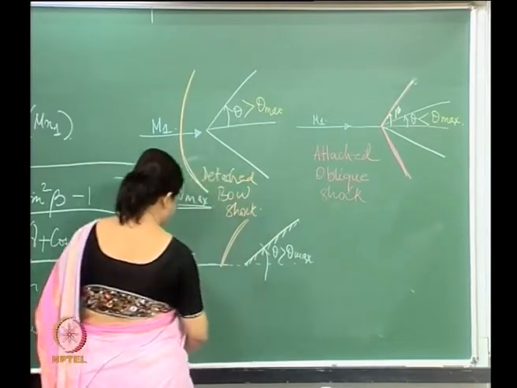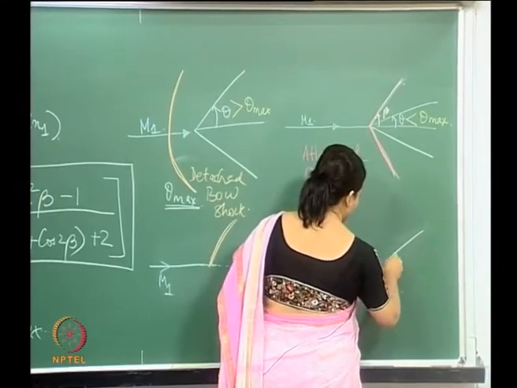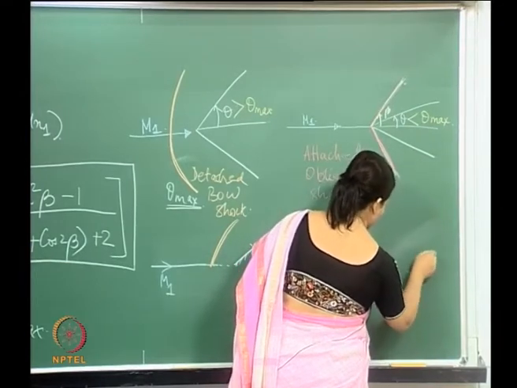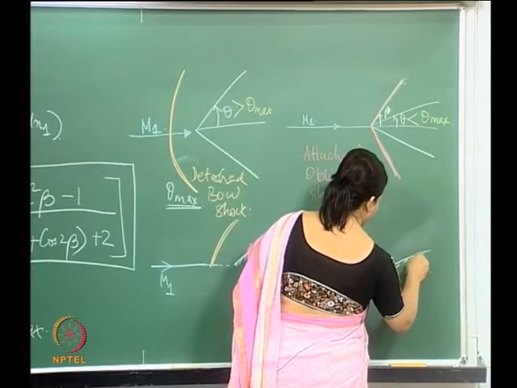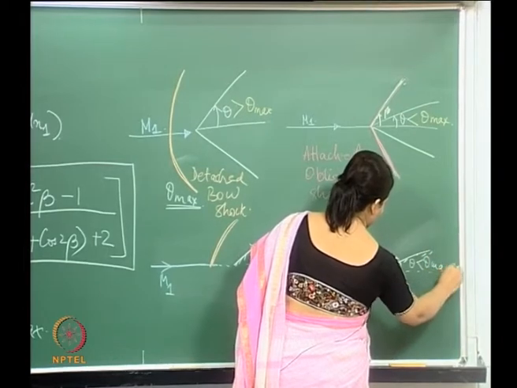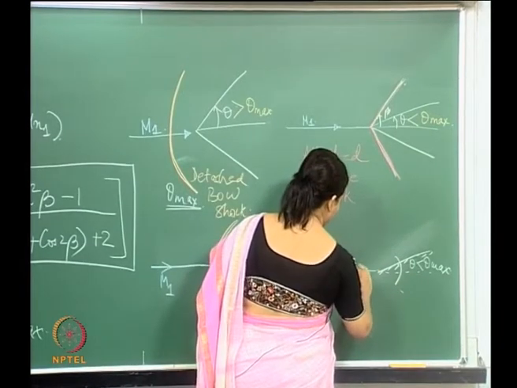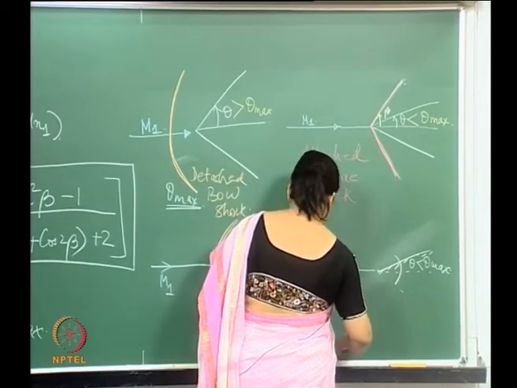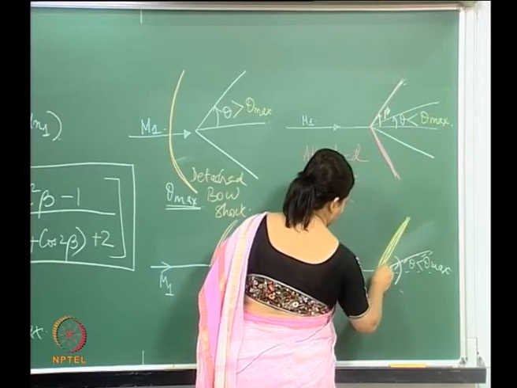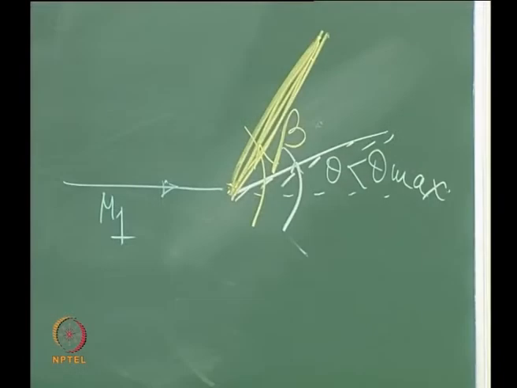Similarly, over here, if I have another corner like this, with theta less than theta max, and this is M1, then that will be my attached shock.